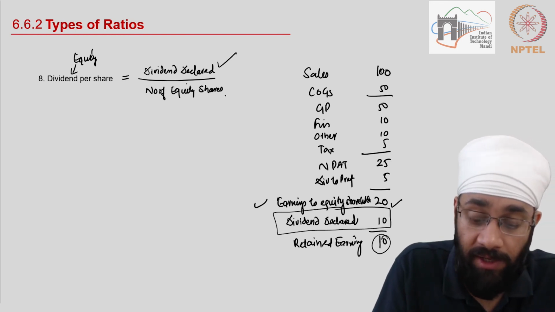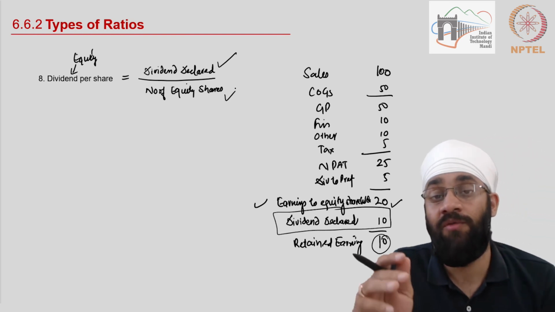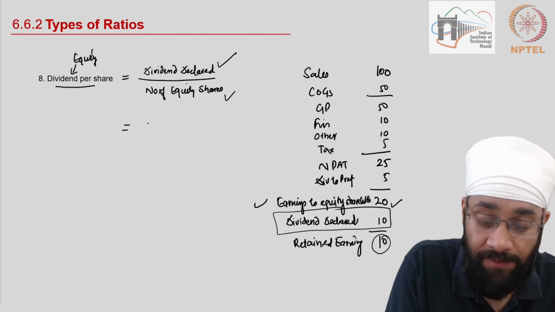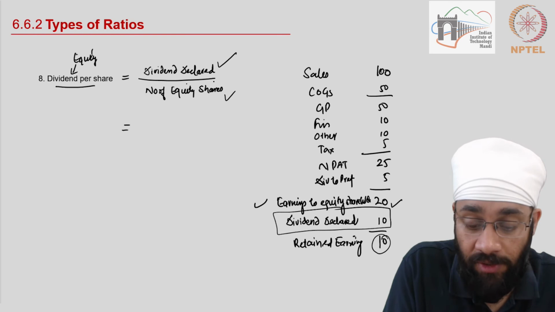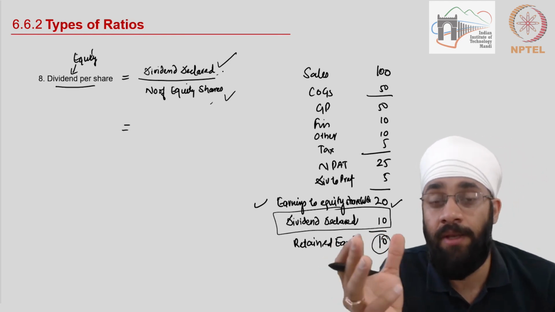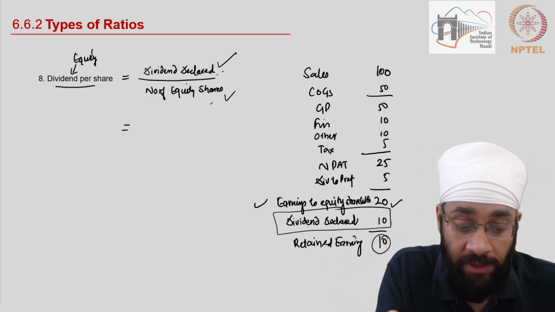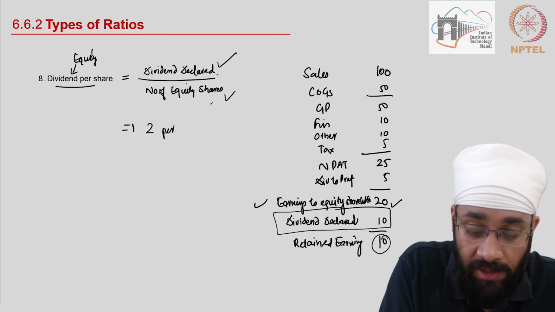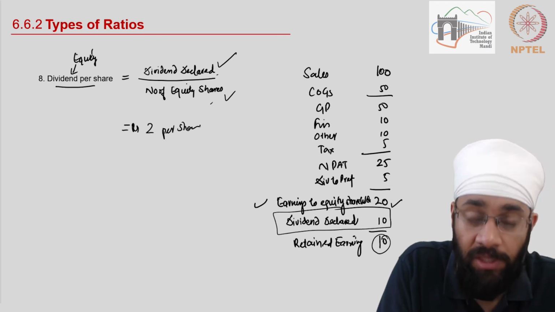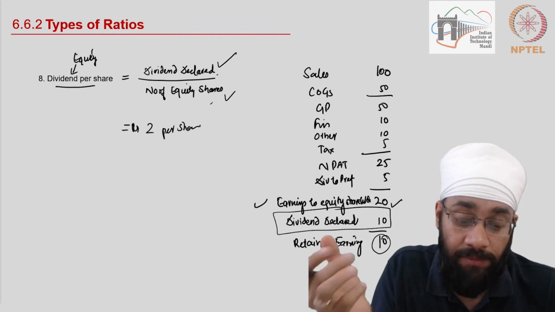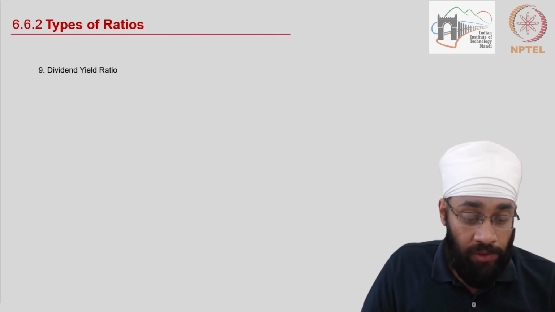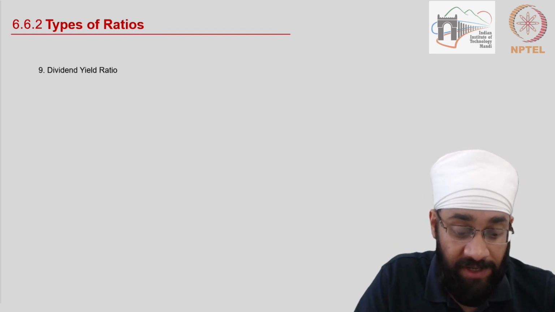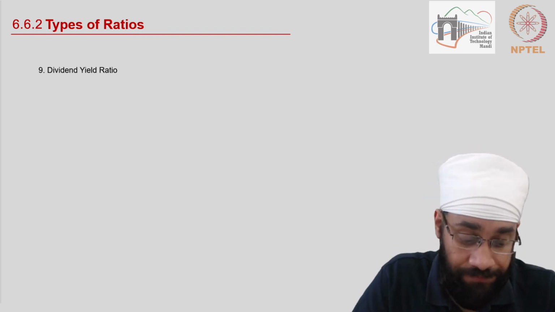So dividend declared divided by the number of equity shares will give you the per share dividend. In the next video, we will take an example and do these calculations. But let's say rupees 2 per share comes out to be the dividend per share. All right. Then you have something called the dividend yield ratio.